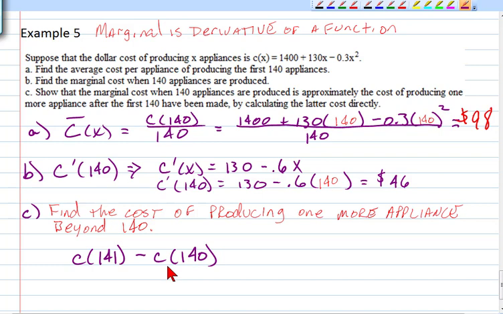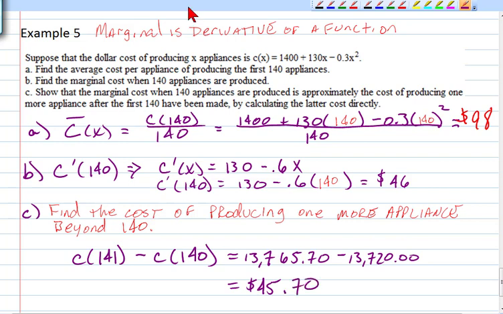Does that make sense? Because this cost is a cumulative cost, and I want to know the cost of just that one item. When we go to our calculators and find C of 141, that's going to be 13,765.70 minus 13,720, and what we see is that's going to be $45.70.